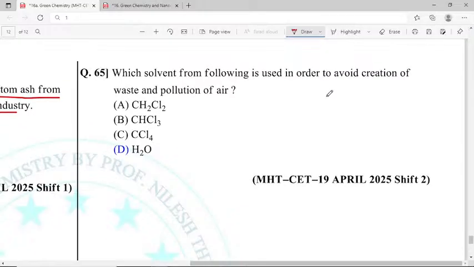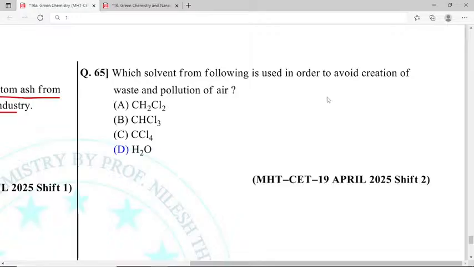Next question. Which solvent from the following is used in order to avoid creation of waste and pollution of air? It should be a green solvent.